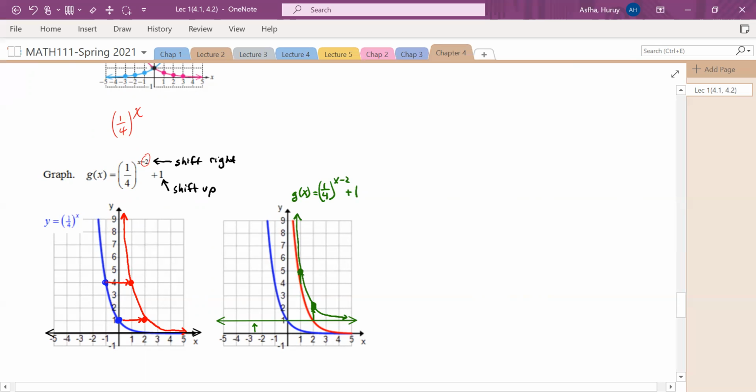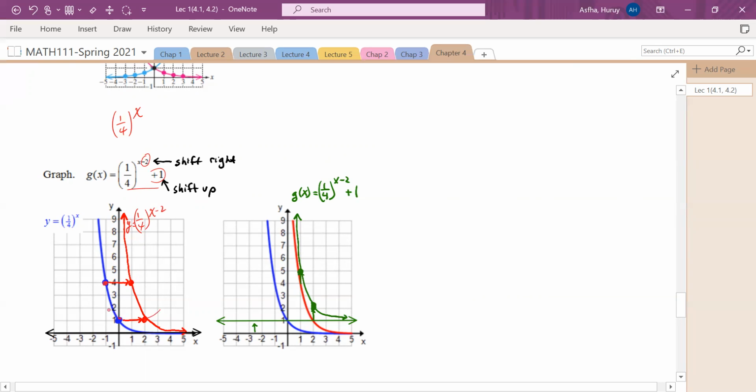You can take some arbitrary values here. For example, this point will go to this point, and this point goes to this point. Okay, and then we have this graph, and this is y equals (1/4) to the power of x minus 2. And then we have another shift, which is plus 1.